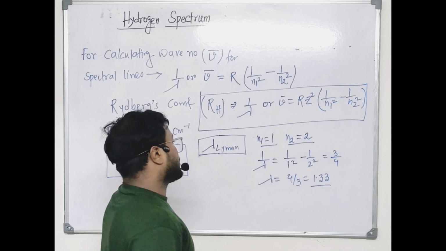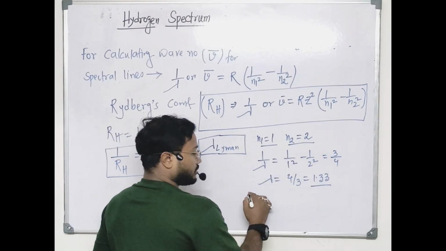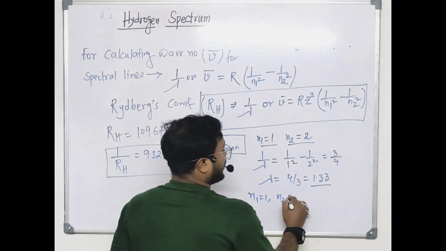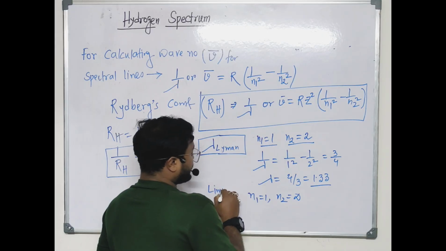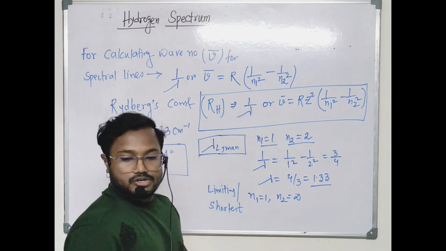Now let us consider we are calculating for the shortest wavelength. The shortest wavelength is also named the limiting line. This is the concept I have given for the limiting or shortest line. Why is it the shortest line?